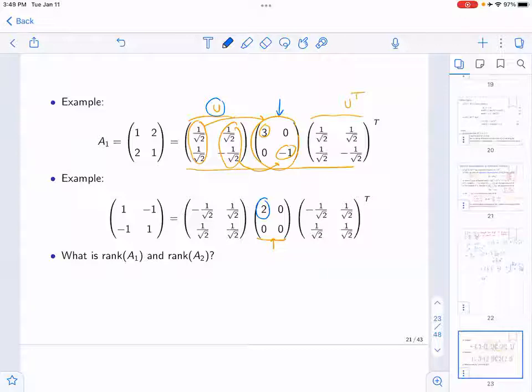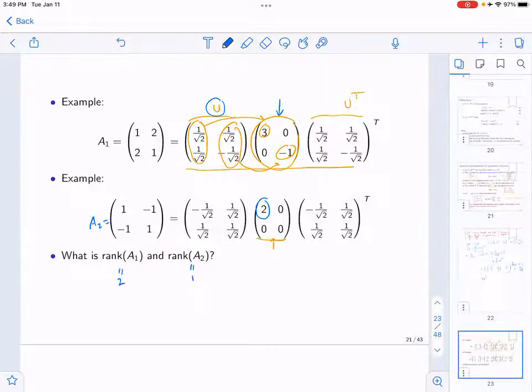Does anyone know how to determine the rank of a diagonal matrix? What would be the rank of A1 and A2? It would be 2 for A1 and 1 for A2. Right, why?